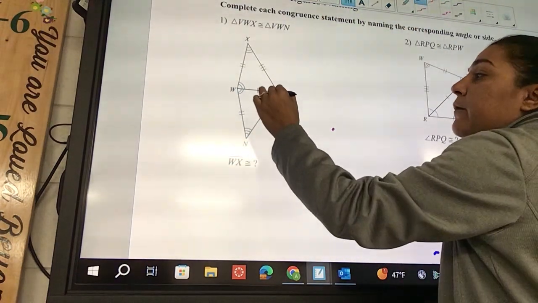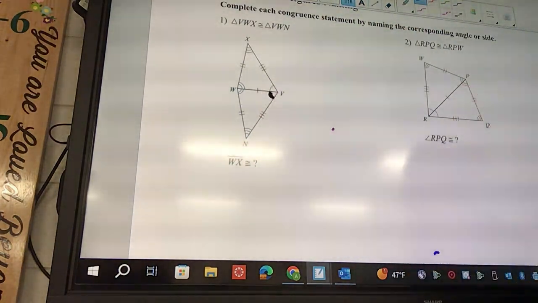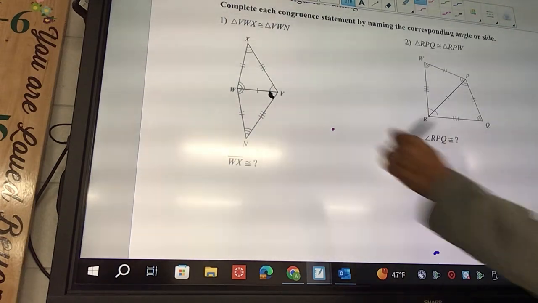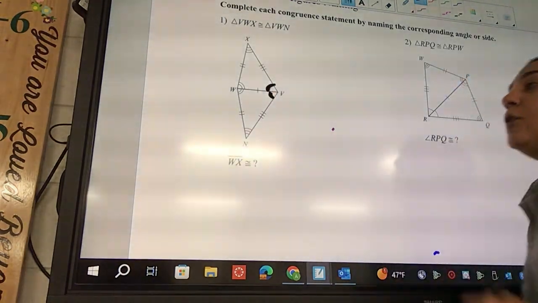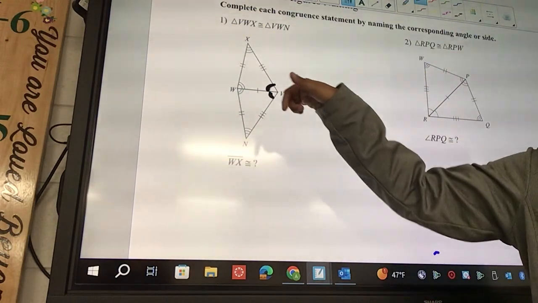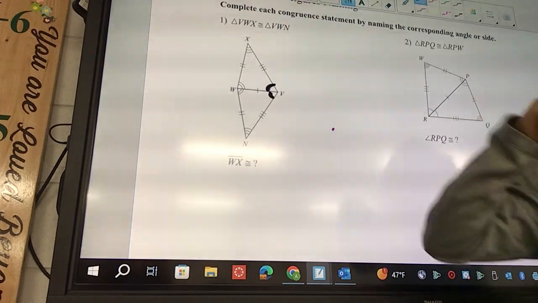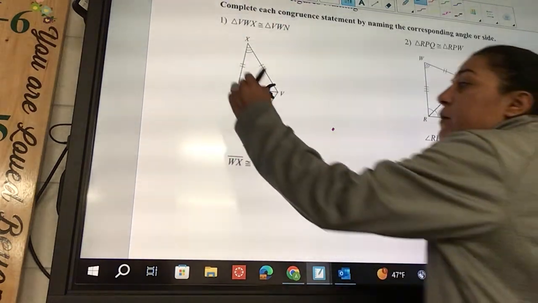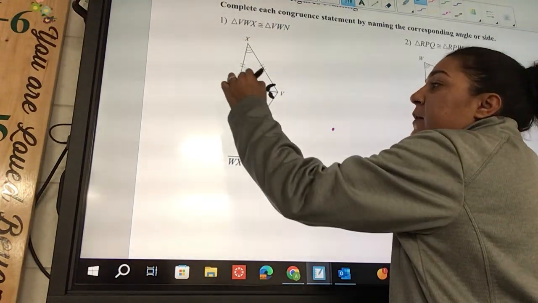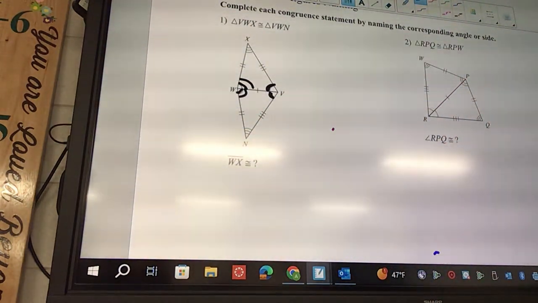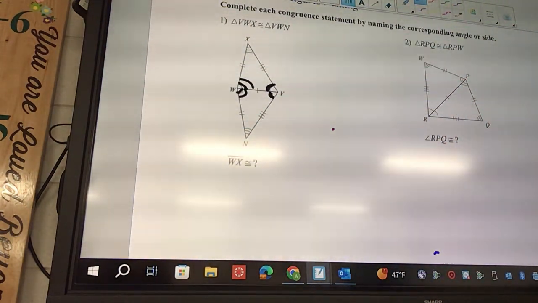Angle V, see how it has 1? Just one little swoop, rainbow thing. And then this one has 1. That's saying angle V matches the same measure. So if this is 45 degrees, then that one is also 45 degrees. This one has 2, and this one has 2, so if that one is 30, the other one is 30.